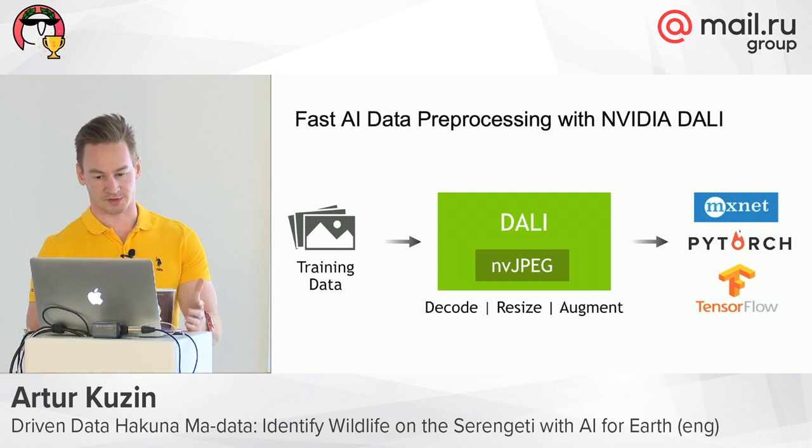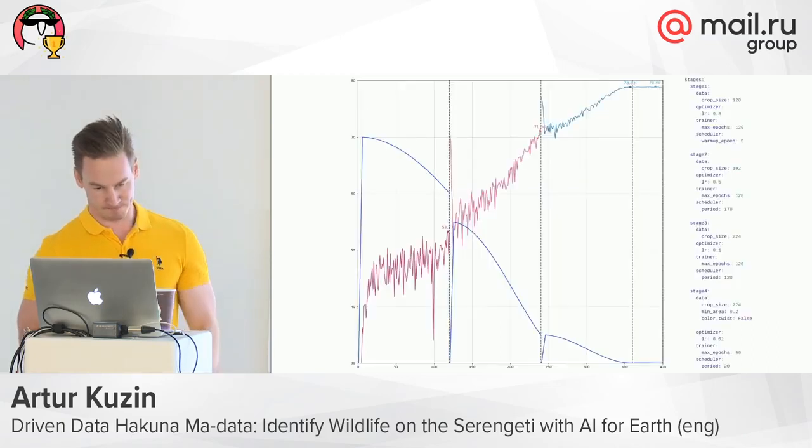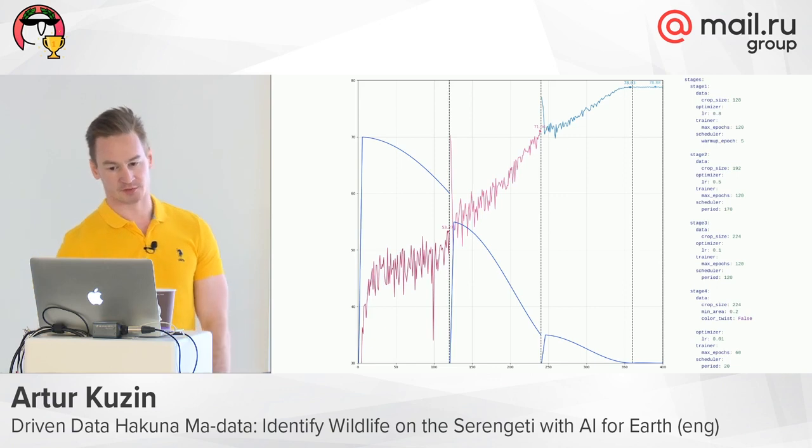But for fast iteration and a fast training procedure, it's very important, because if you train some kind of lightweight network, or maybe you're doing distillation, then it's very important to use DALI because you have no bottleneck on the CPU.